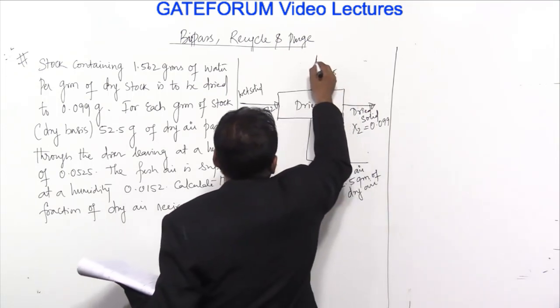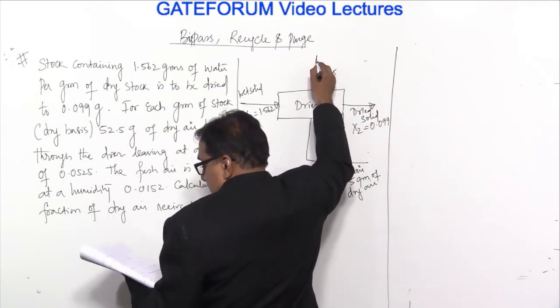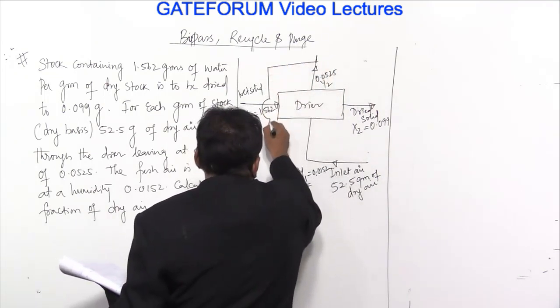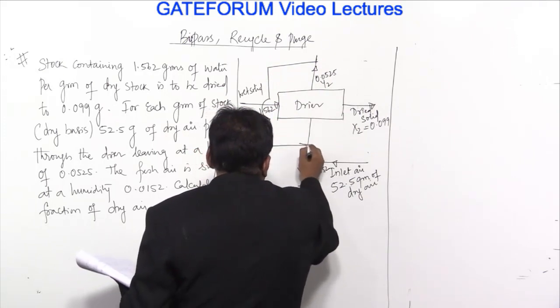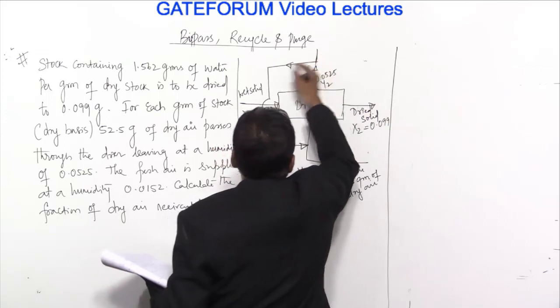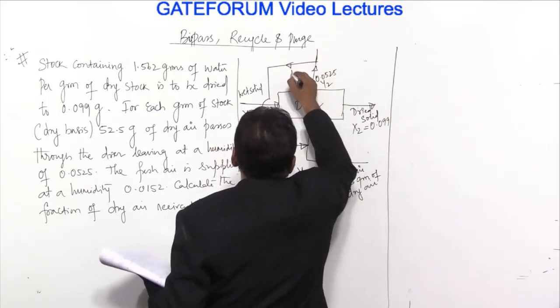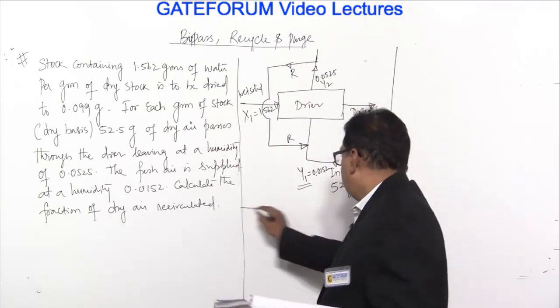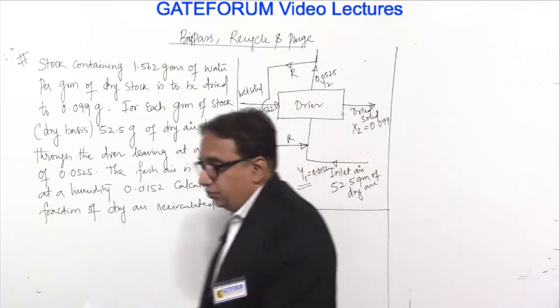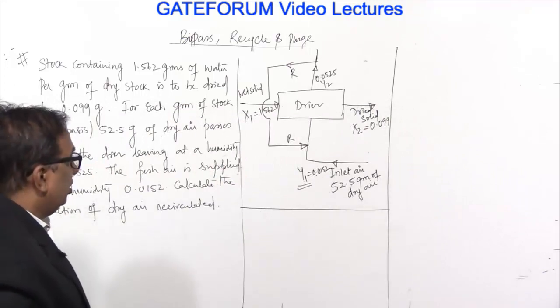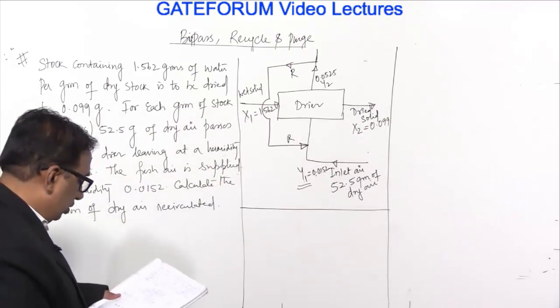So again, there is a recycling process happening here. They will take some part here and recycle it, and they want to know what this recycle ratio is. Are you clear now? We have developed our own flow sheet here, depending upon the conditions given.